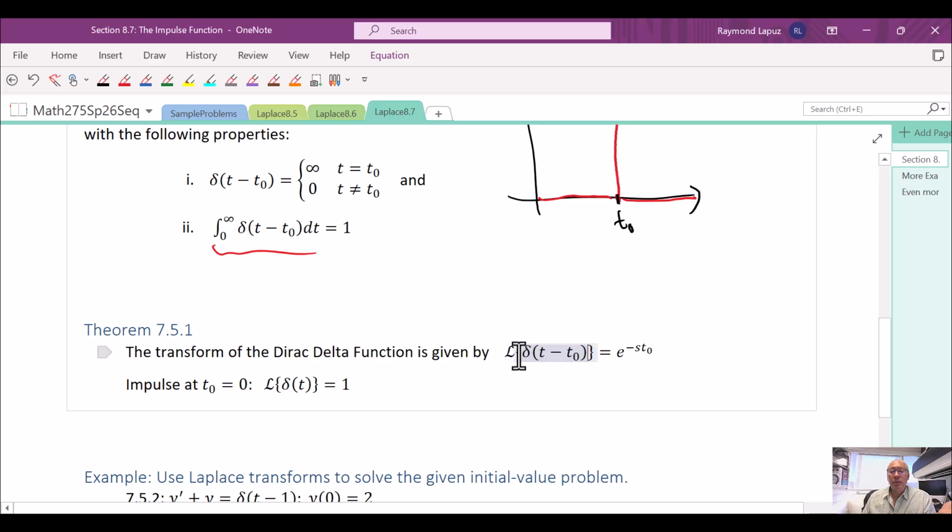And you'll see that the Laplace transform of the delta function, now the delta function, not the unit impulse function, has a transformation of e to the negative s times t naught, for whatever value of t naught this is. And if t naught is equal to 0, then your Laplace transform is equal to 1 exactly. You can see this by putting 0 in for t naught into this formula, and you're going to get 1. All right, that is our delta function.